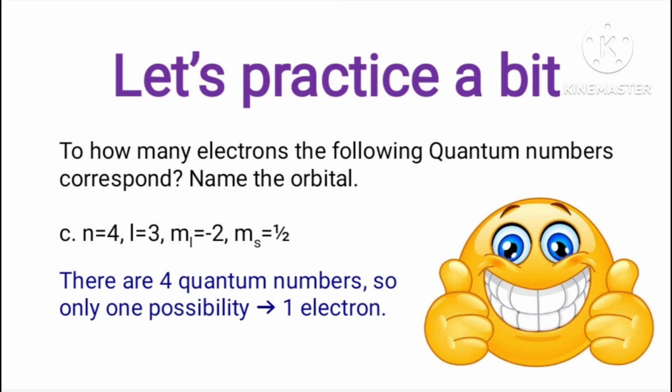I mean, with all 4 the same quantum numbers. Some of them can be similar, but all 4 of them cannot be the same for 2 electrons. So it is only 1 electron. We don't have a second electron with the same set of these numbers.